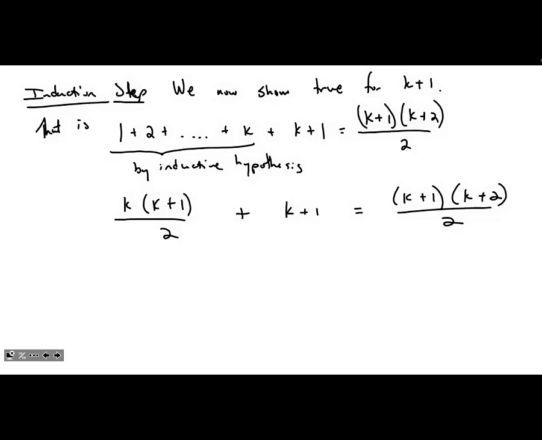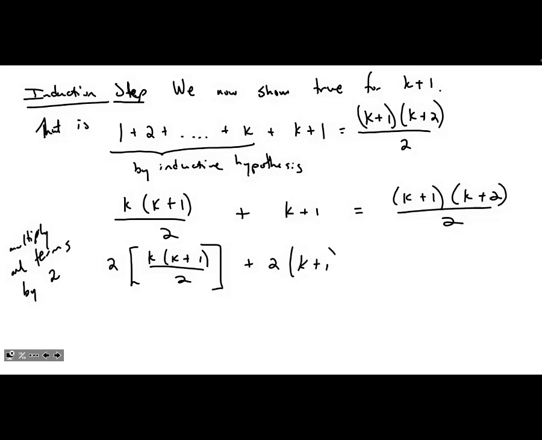If I were to multiply all terms by 2, 2 times k times k plus 1 over 2 plus 2 times k plus 1 equals 2 times k plus 1 times k plus 2 over 2.